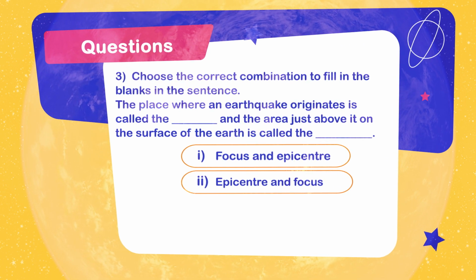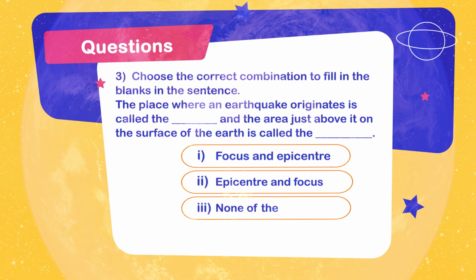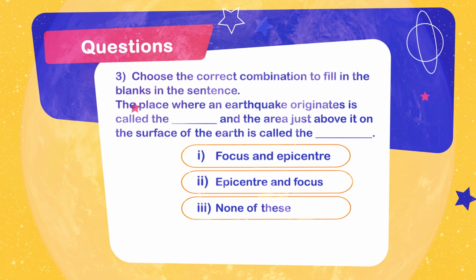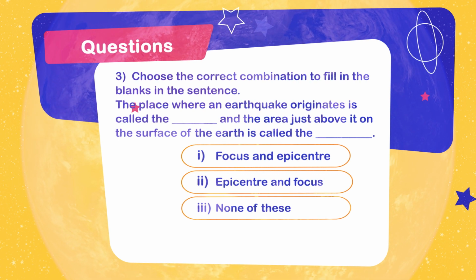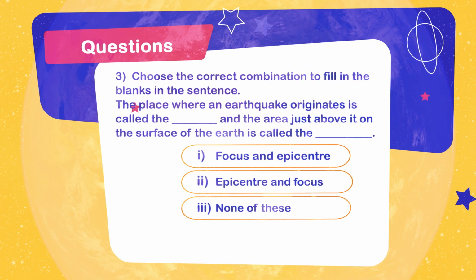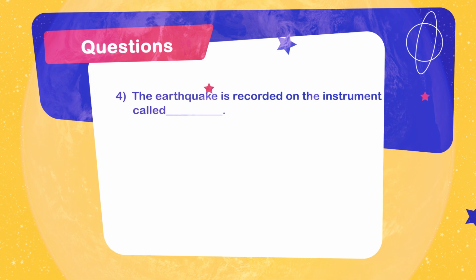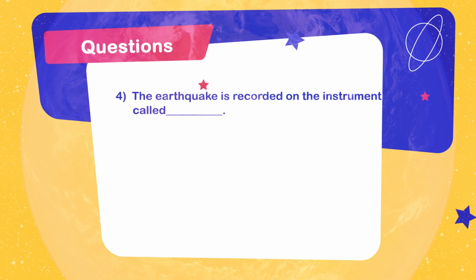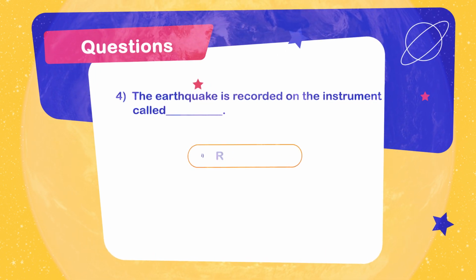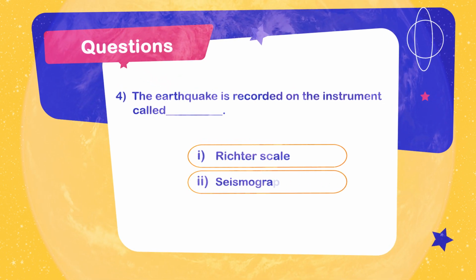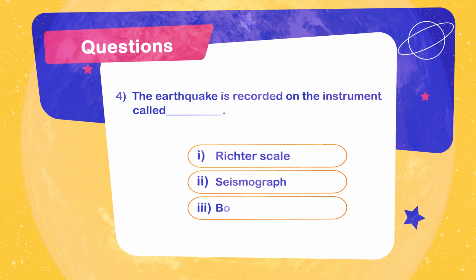The first blank is focus and the second blank is epicenter. The second option is epicenter and focus, and third one is none of these. The fourth question is, the earthquake is recorded on the instrument called blank. The first option is Richter scale, second is seismograph, and third is both.